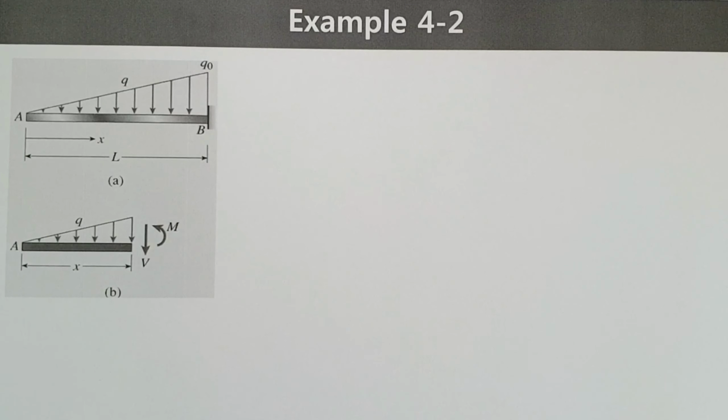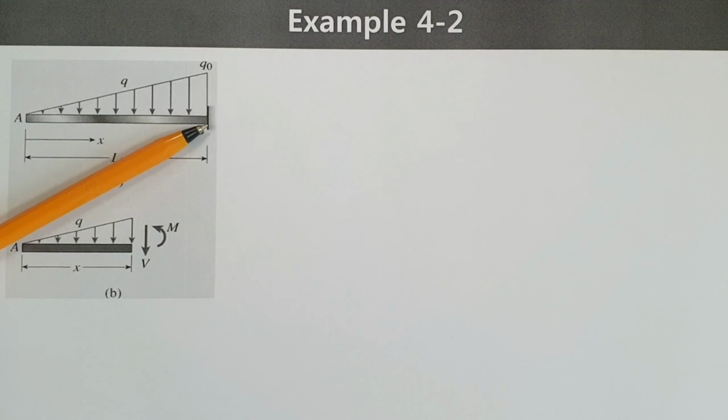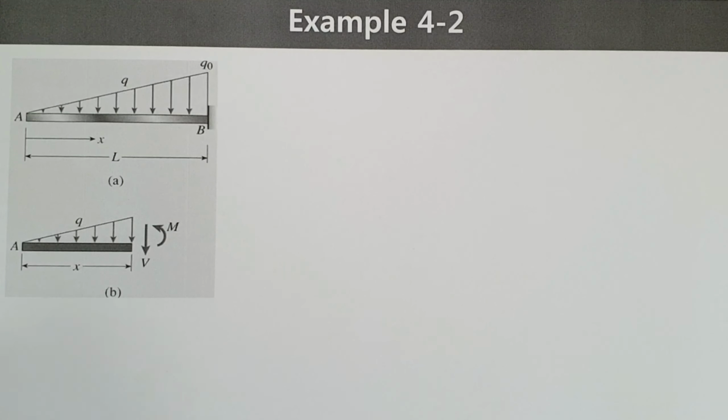Okay, in this example, we would like to calculate shear force and bending moment inside the beam. Actually, we have a cantilever beam. This cantilever beam is attached to point B, which is fixed to the wall. In this case, the free body diagram is like this one.